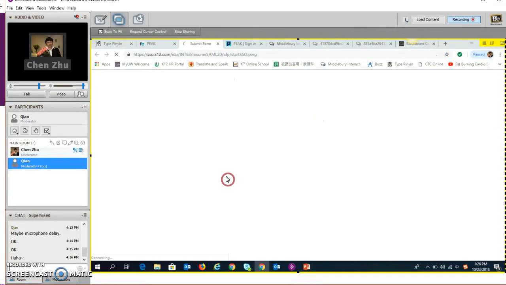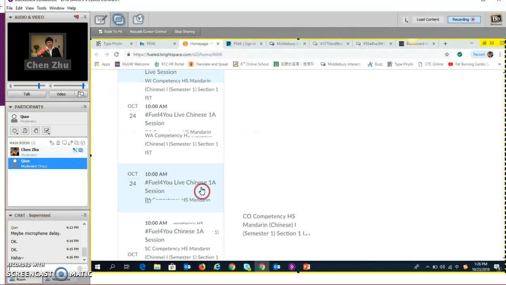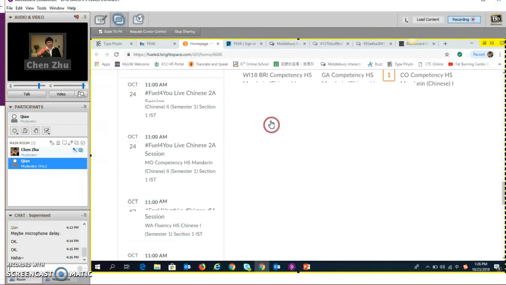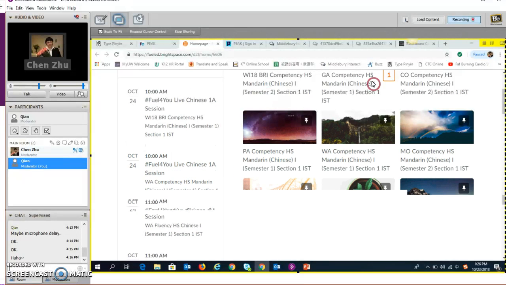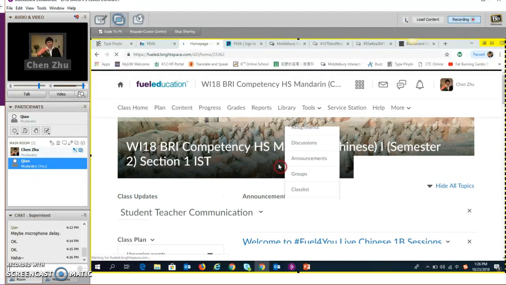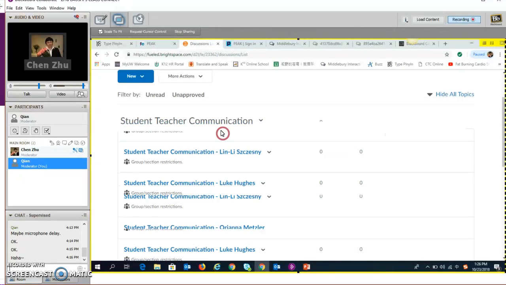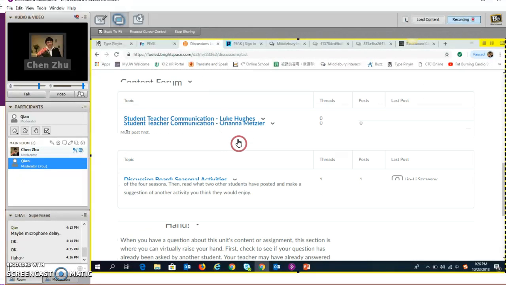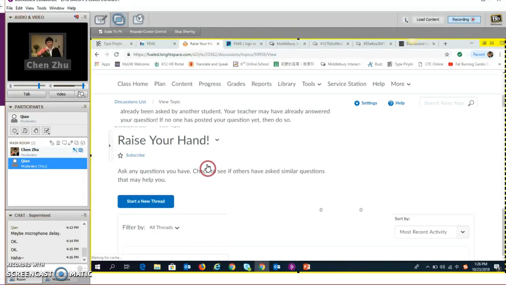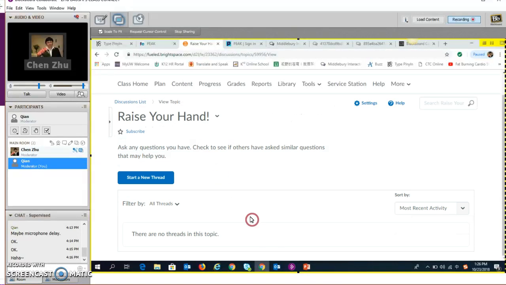in the course, there is a place for discussion. You can encourage them to participate, raise their hands to ask questions, and start with each other to have a discussion on the discussion board.